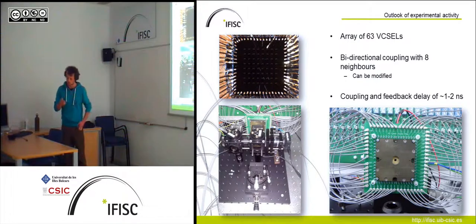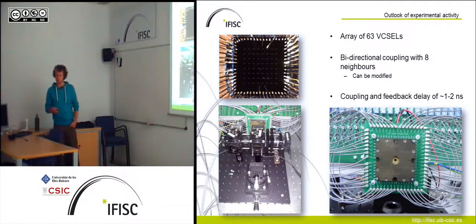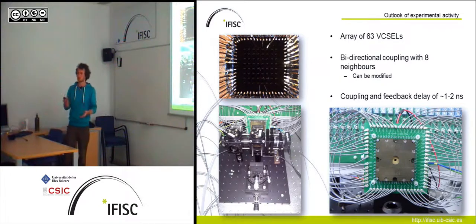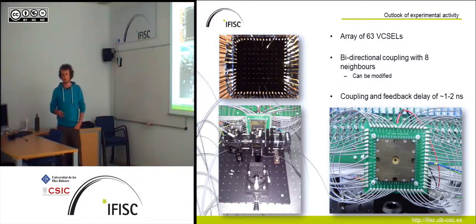So we can introduce a coupling topology between the delayed self-feedback of the laser and coupling to all the neighboring lasers. Using a different diffractive optical element, you can also adapt what kind of coupling topology you want, and using the spatial light modulator we can then adjust the strength of the coupling.